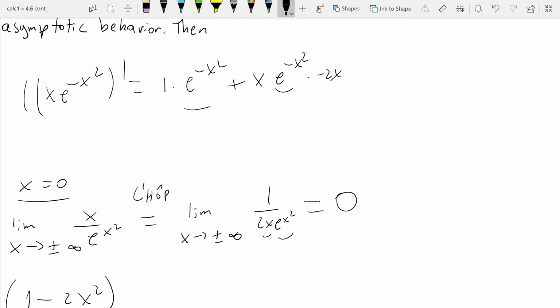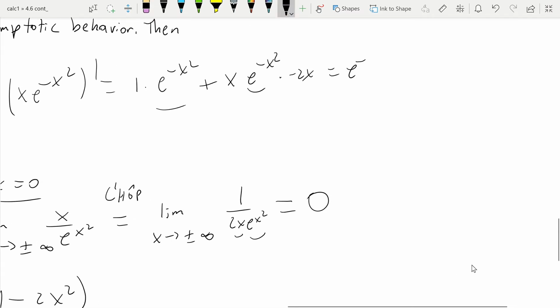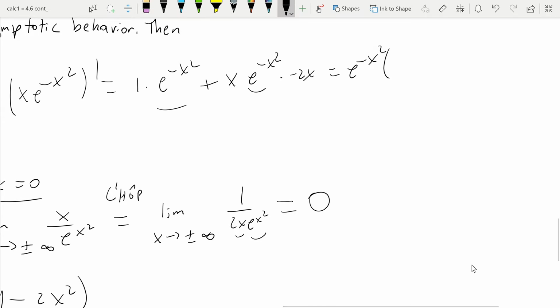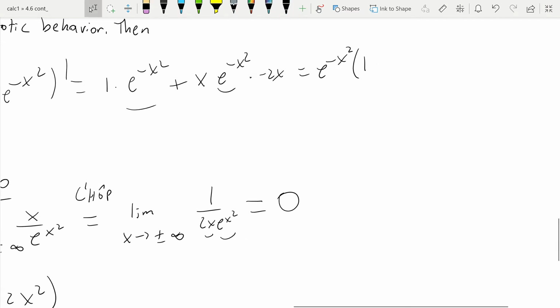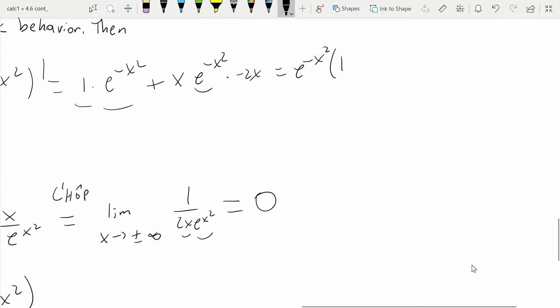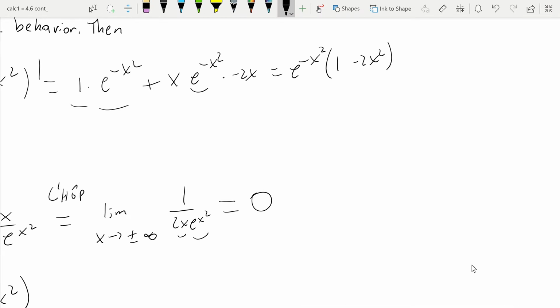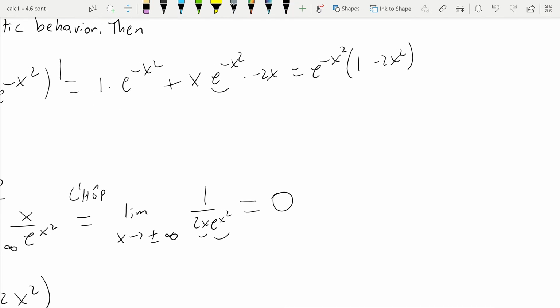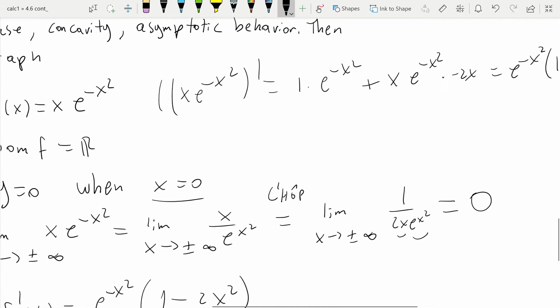We have a common factor of e to the minus x squared, times what we have inside: 1 from this first term, and minus 2x squared, which comes from the second term. Okay, so this is the derivative of f.